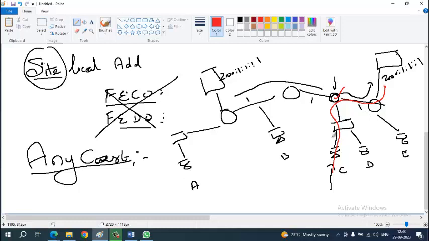Likewise, the person who is here, when he looks for DNS, it will direct him here because this is cheaper. And in case if this is down, the routing table will not have route here. This routing table here will take him here.